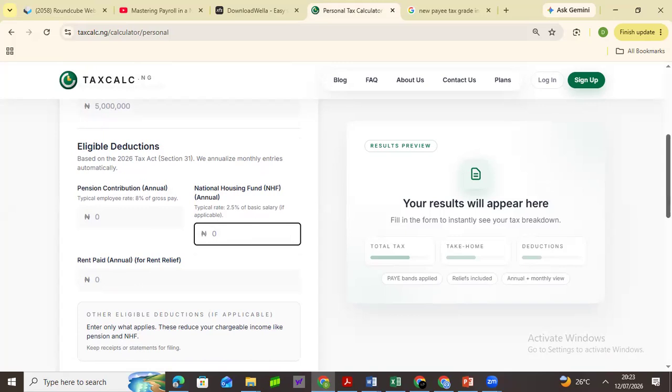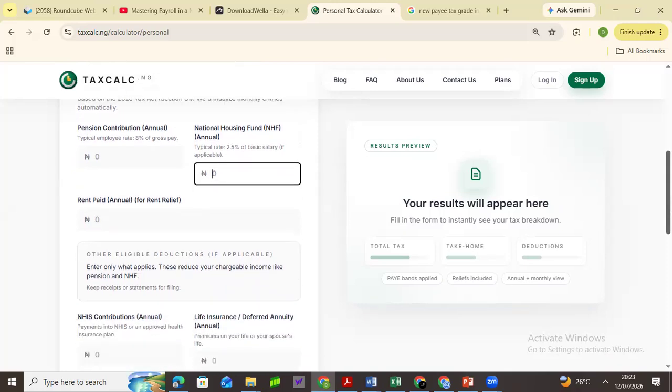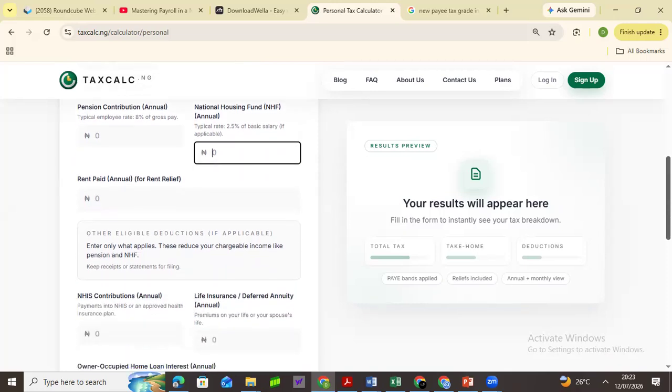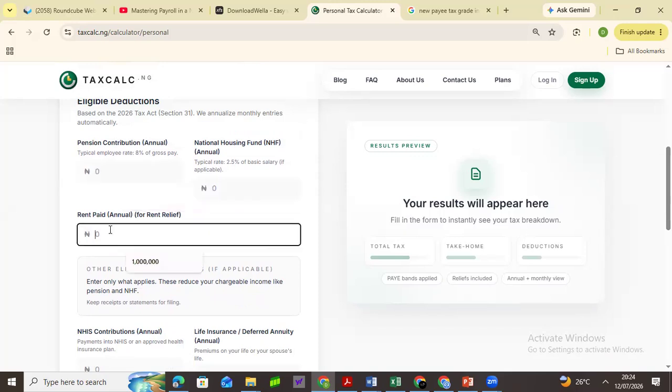So the new tax law is saying, both your pension, the NHF, and the rent relief, you can still add your rent relief. Those are non-taxable deductions.